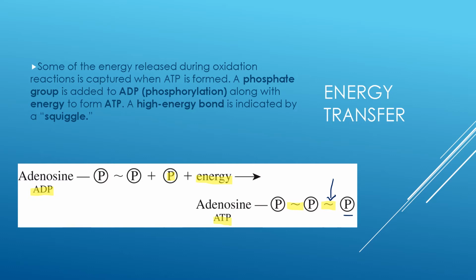Now, one other thing of note is that the addition of a phosphate group to a molecule is called phosphorylation. This is the addition of any phosphate group to any molecule, and it increases the potential energy.